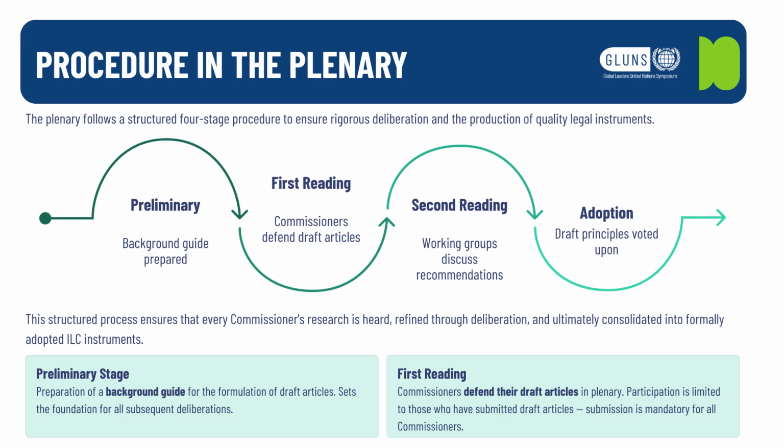The third stage is the second reading. Here, it's an informal setting. What we have is the formation of 5 working groups, and the commissioners discuss recommendations that they've written down from their draft articles and the plenary. The discussions formulate ILC draft principles based on the guidelines provided.